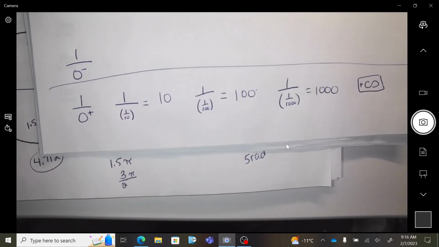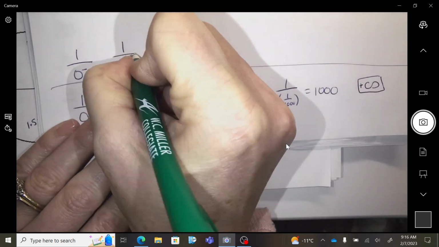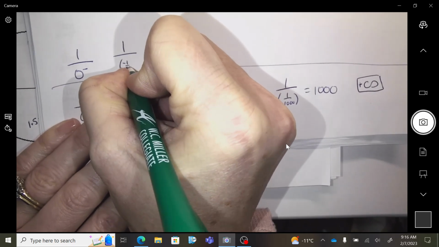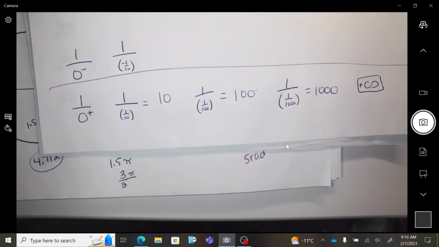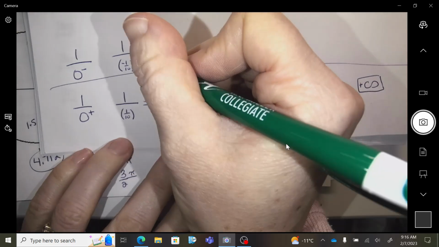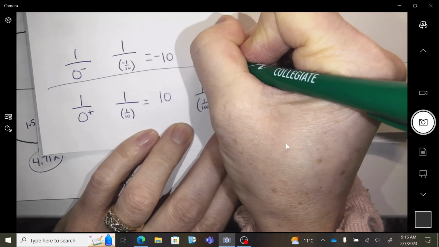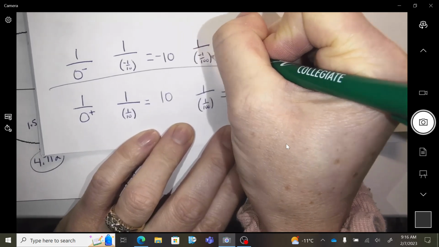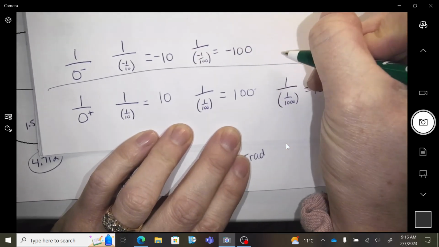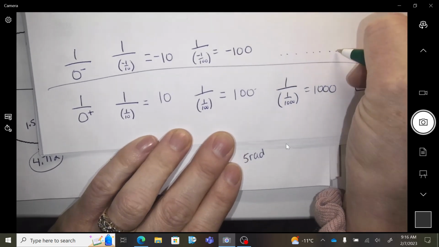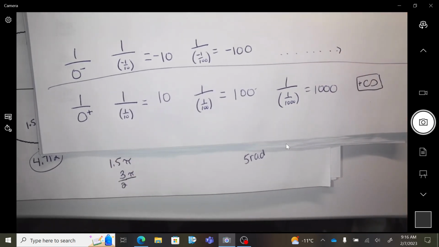What if I make the bottom closer to 0 from negative numbers? So I'm going to give you the same examples. Now I'm just going negative a tenth, which would turn into negative 10. What would your conclusion be?